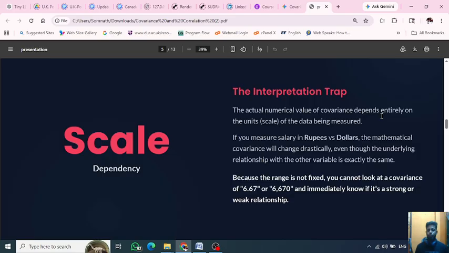If you find the covariance of the salary in rupees, it will give you like 6,670, and if you convert the same amount to dollars, then it will give you like 6.67. So just seeing this number, you cannot identify the relationship between two variables, right?